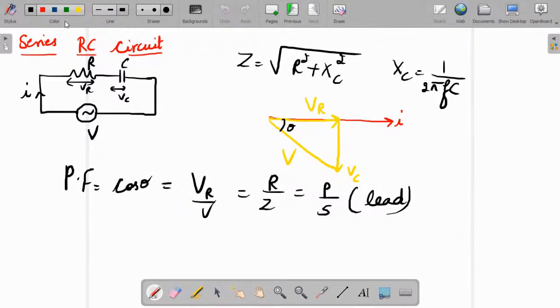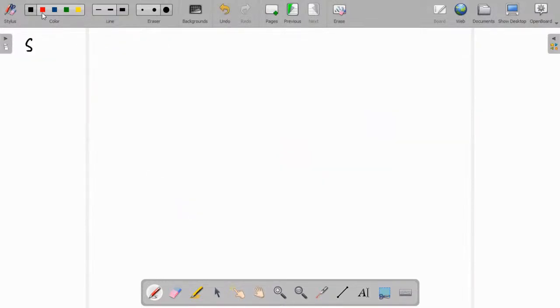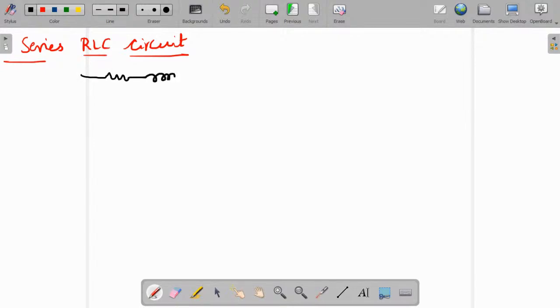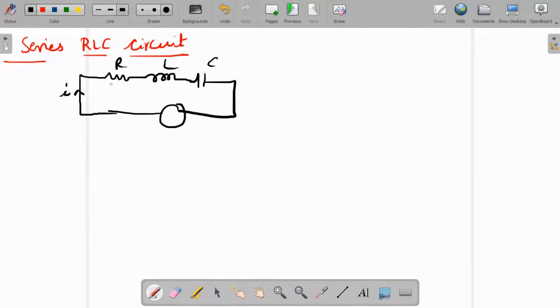Next, series RLC circuit. R, L and C. This is current I, with voltage across the resistor VR, here VL and here VC.